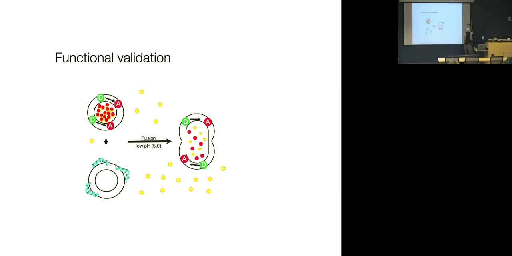So re-engineering as a test of understanding of how these work. We have these peptide environmental sensors, and if we think we know what the stimuli are and that these are key bits of the viral activation machinery, we should be able to manipulate that. This is a good way to test, okay, what happens if we change this? Does it really have the functional consequence that we think it should?